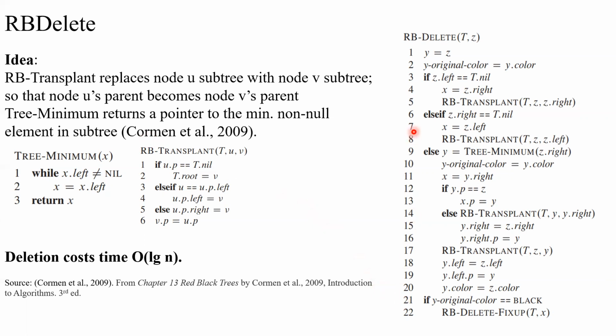This algorithm is 22 lines long. And like I said, as with insertion, delete has a fix up as well. Before I get to that though, deletion costs the same time as insertion, big O of log n.